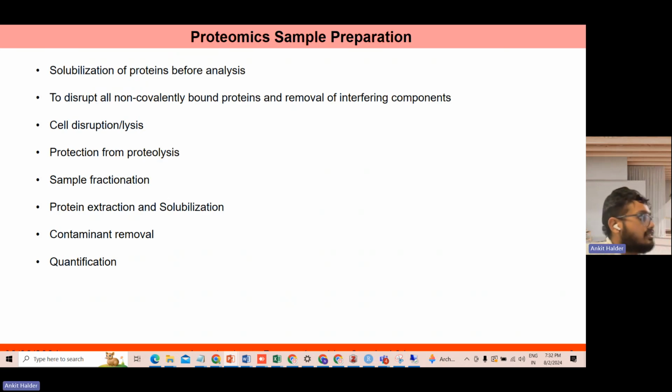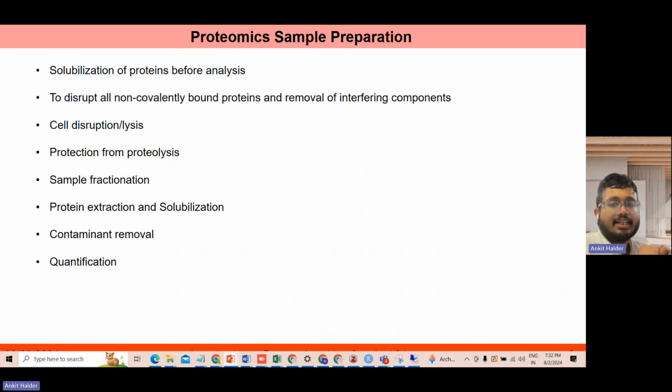Now, one very important thing is the solubilization of the proteins before analysis. Proteins we can precipitate out by different methods through different chemicals, which I think you have gone through in the lecture, and we will also look into it. But the solubilization of the proteins is quite important.